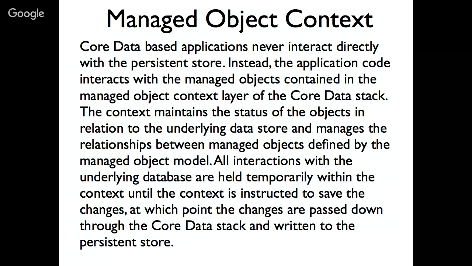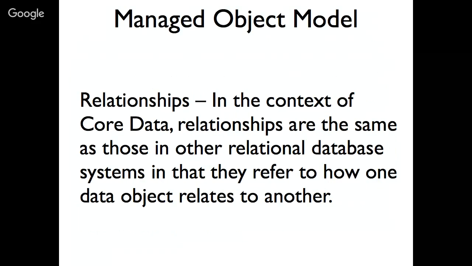And so, going on, relationships in the context of Core Data are the same as in other relational databases in that they refer to how the data relates to each other. The beauty of it is, though, Core Data does all the work for you in the back end.